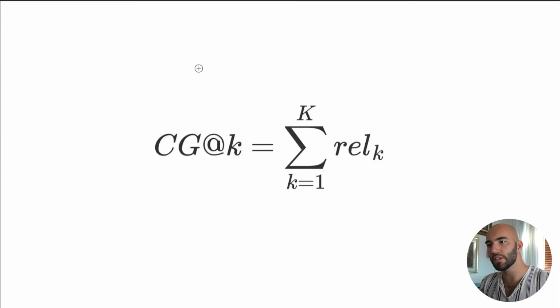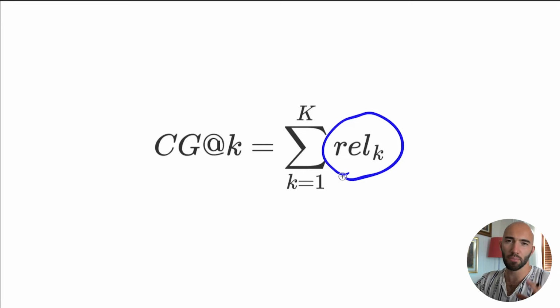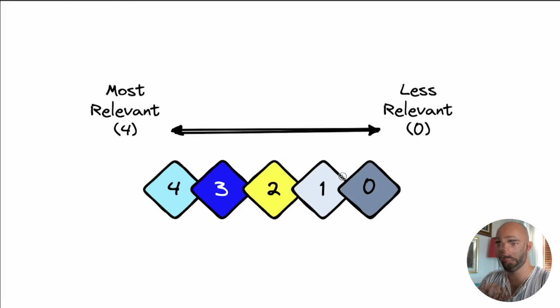So we start with the cumulative gain at k metric. So cumulative gain uses again this relevance parameter, but the relevance parameter is slightly different this time. It's not just 0 or 1 binary values. Instead, it is a ranking that is assigned to every single item for every single query.